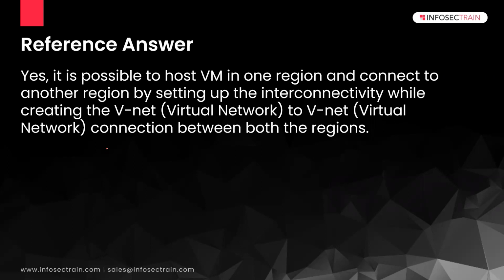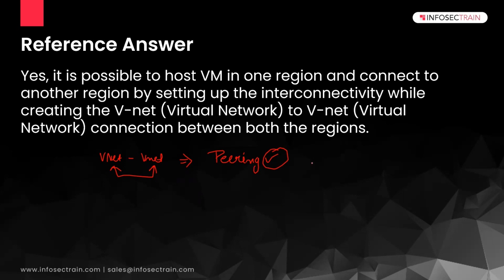Now, for this VNet to VNet connection, there are a few things. One is, if you have heard about peering: for a one-on-one connection between one VNet and another VNet, you can enable VNet peering, which will connect the two VNets with each other, and it would feel like they are part of the same network.